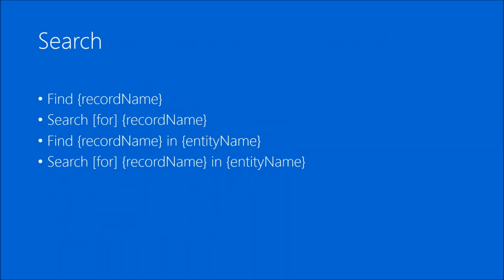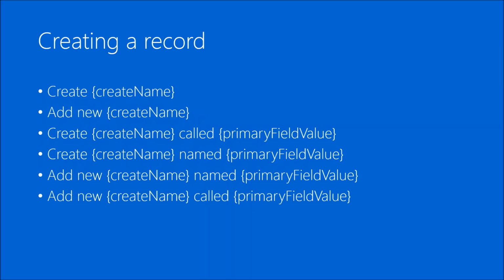Then you can perform searching. For example, say find or search for, and say the record name, or even specify which is the entity. So search for Resco in accounts. You can also create records by saying create, add new, or even specify what the primary field value should be named.